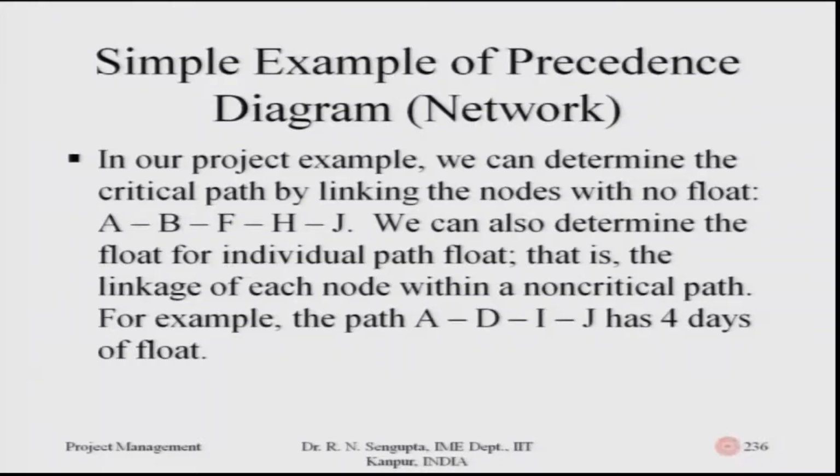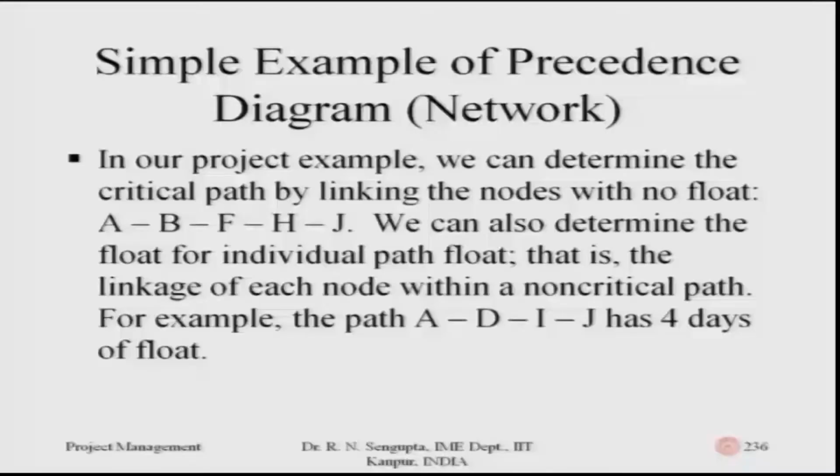We can also determine the float for individual paths. There can be other paths also to reach the total project, which means that if one of them is critical, the others would basically have some floats. So, there is some leeway in trying to change some activities in that path where there is a float. Which is to say, let me continue, the linkage of each node within a non-critical path would be there.